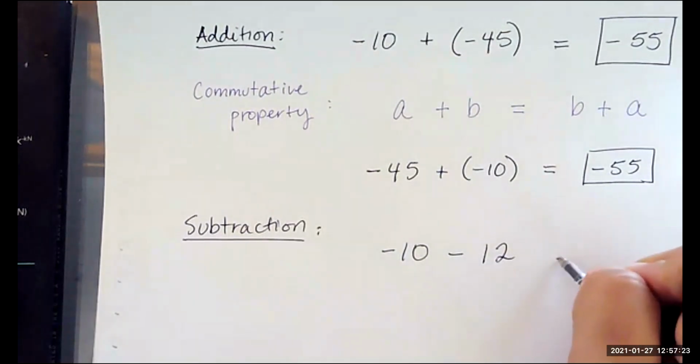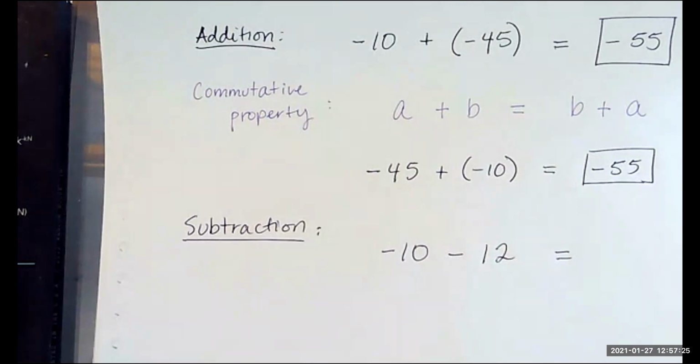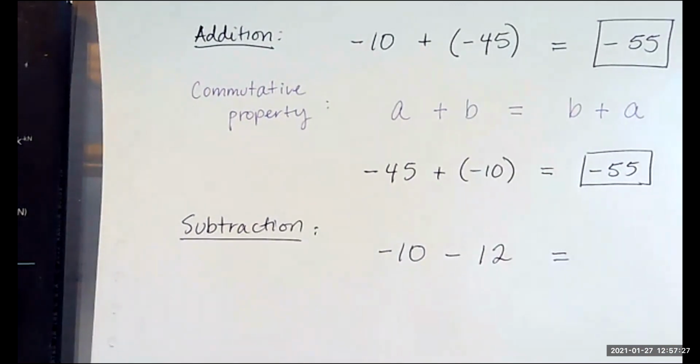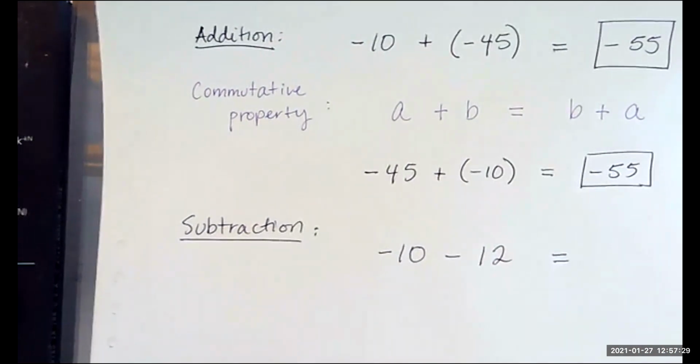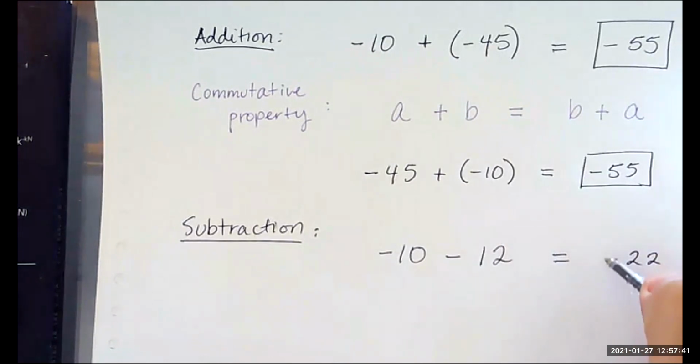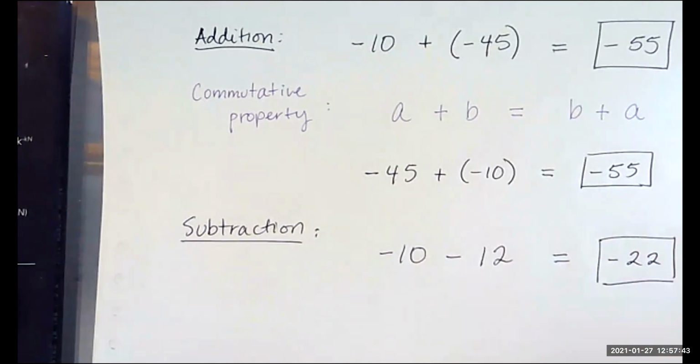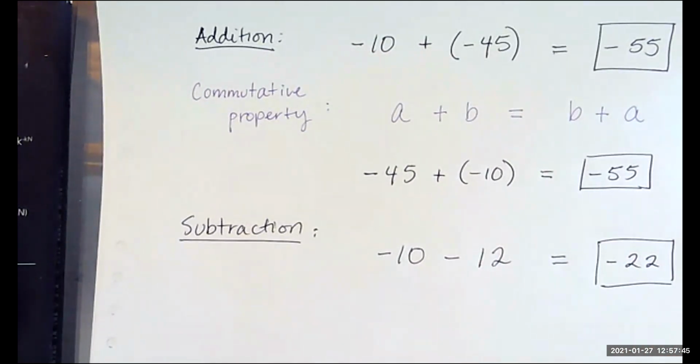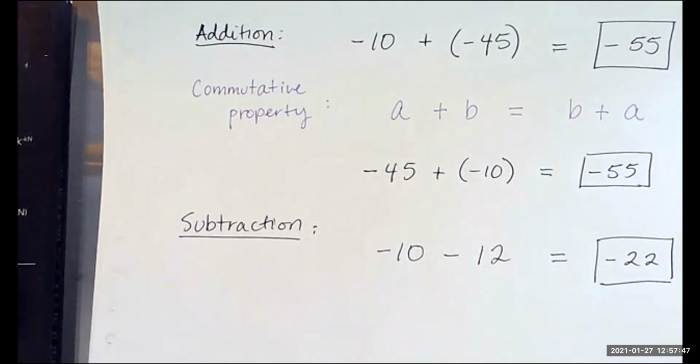Yeah. And you could reason it the same way with a physical interpretation. Like it seems whenever I tell students think about money, it just comes naturally. If you have negative $10 in the bank and you spend $12, well, then you should have negative 22 in the bank now. Or in other words, you owe the bank $22.